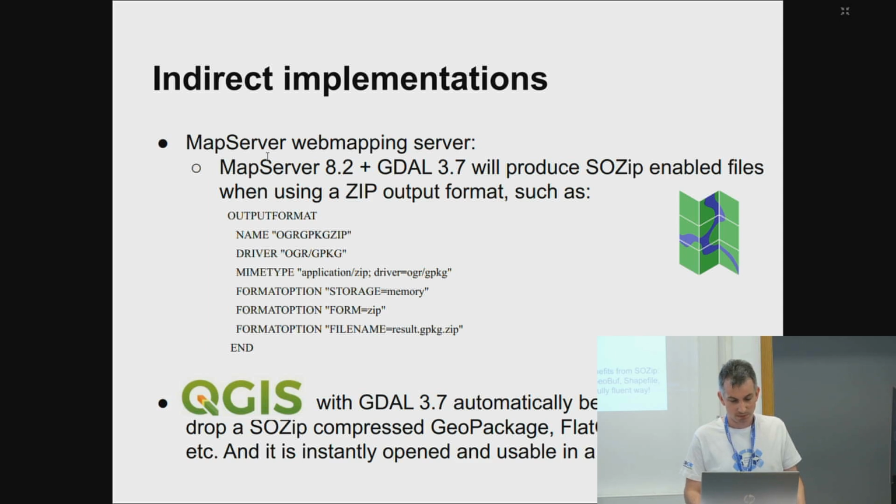And for QGIS, if you use QGIS against GDAL 3.7, you automatically benefit from the optimization, and typically you can just drag and drop a gigabyte-large compressed GeoPackage file in QGIS, and it will open instantly, and you can zoom in, zoom out, and just work as if the file was uncompressed.